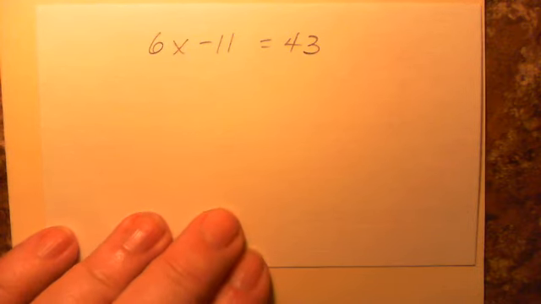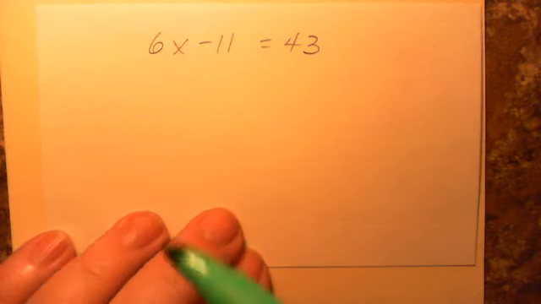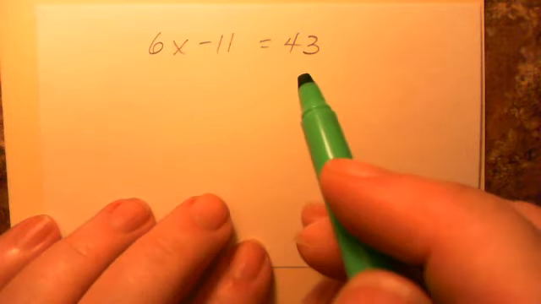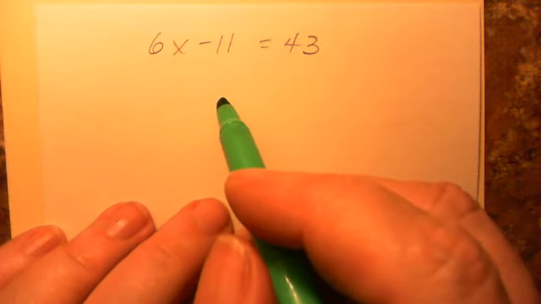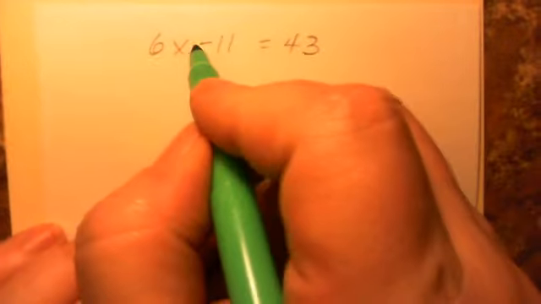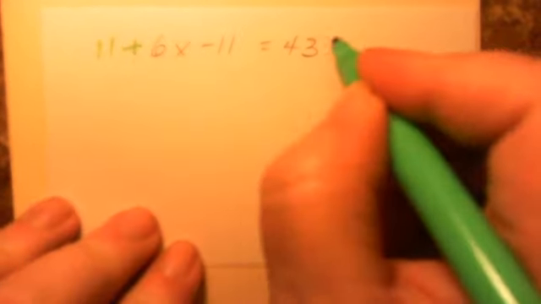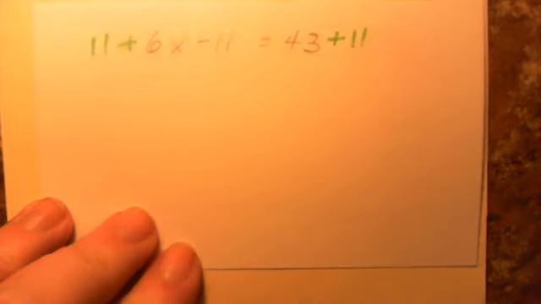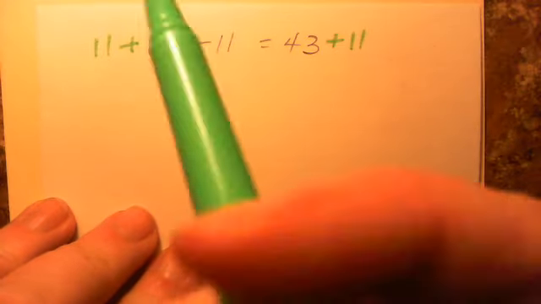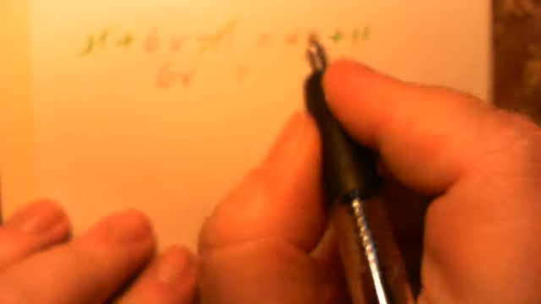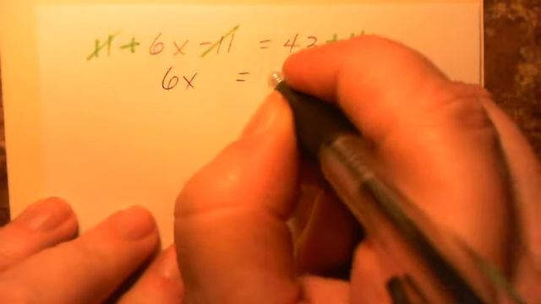Okay, let's look at this equation here. 6x minus 11 is equal to 43. A little easier than the others maybe. To zero out a negative 11 would take plus 11. So plus 11 on both sides. Now remember that zeroes this side out. And we have 6x is equal to 54.